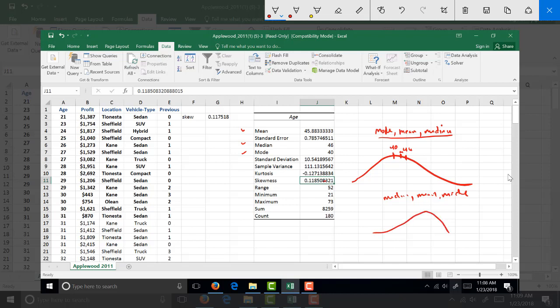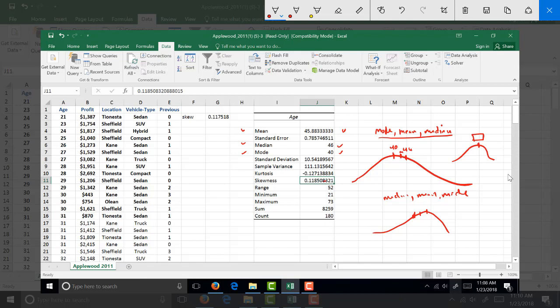So our mode is the high point, our mean would fall here, and our median would fall here. And just by looking at those three pieces, we can determine the shape and whether or not it is positively or negatively skewed, or like I said, when we have a mean, median, and mode that are equal to each other, we have perfect data, or normally distributed, or normal curve, or bell curve. We call it a bunch of different things, but that's when they're all equal.